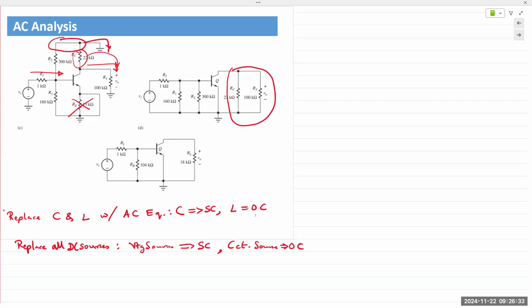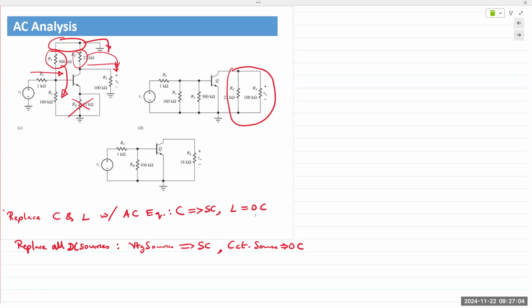At the same time, the base resistor R2 is also now in parallel with R1. So replacing VCC with a short circuit provides a direct pathway for RC and the top base resistor to ground, which puts them in parallel on the input side and the output side.